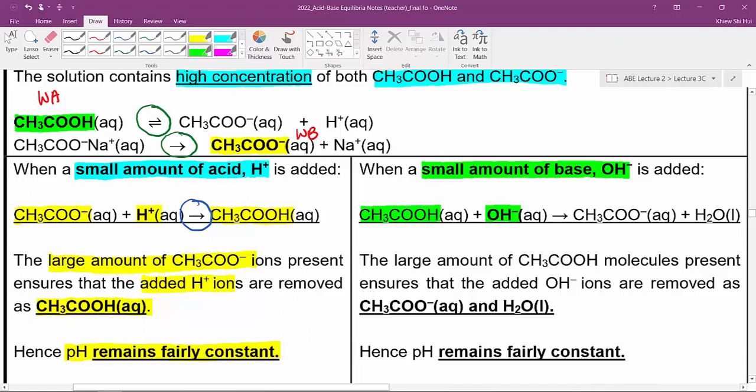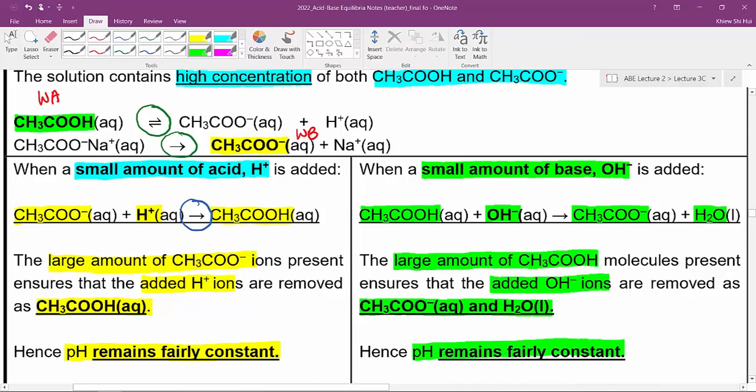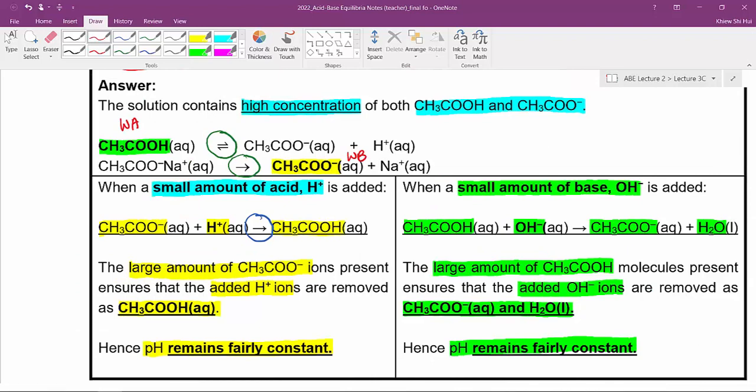And when it removes the OH-, it is removed as CH3COO- and H2O. The large amount of CH3COOH ensures that the added OH- is removed as CH3COO- and H2O. Again, pH remains fairly constant. For a short question, this is going to be the full answering format.